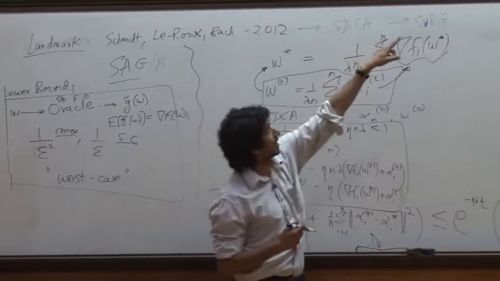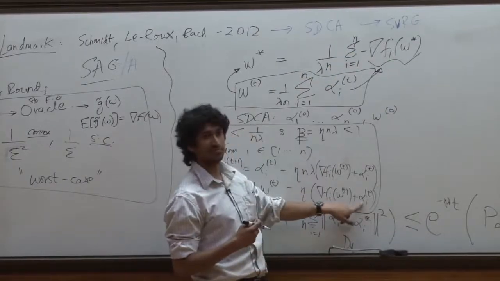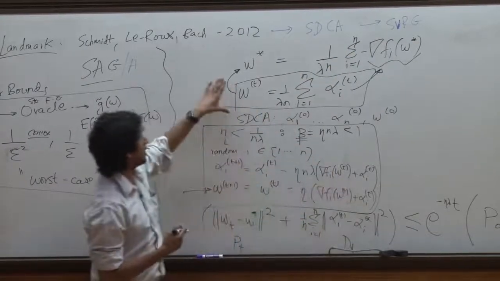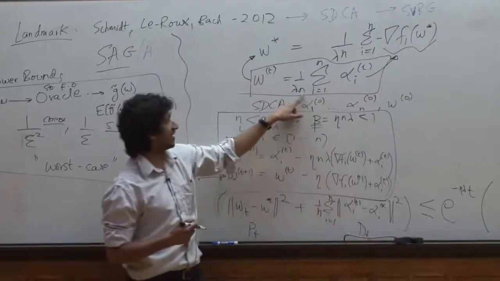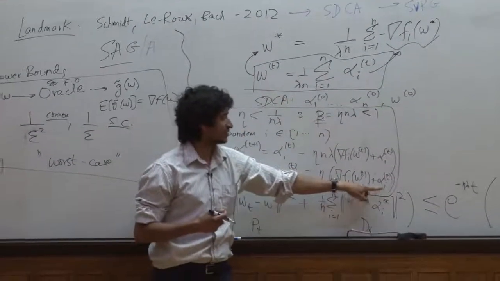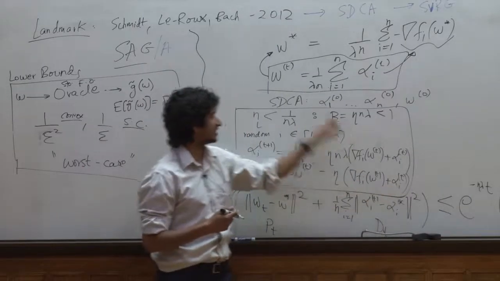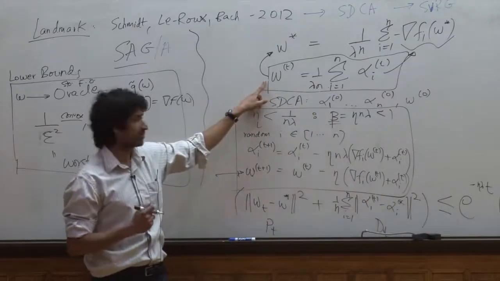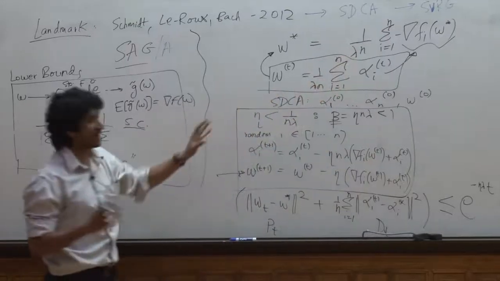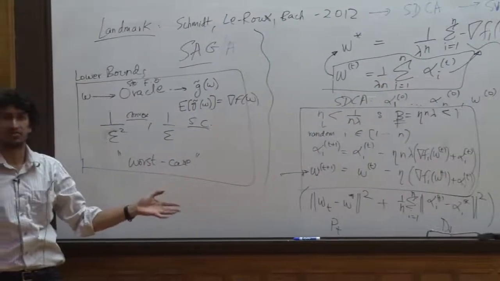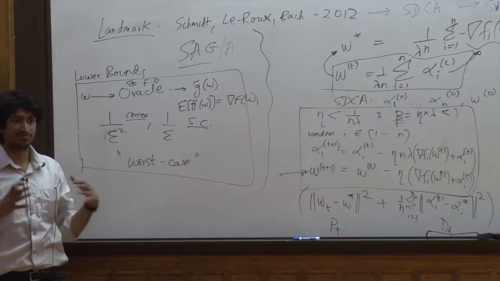So I actually get back lambda times Wt, which is the second term, because at every step I'm maintaining that lambda times Wt is the average of all the alpha i's. So I get the first term of the gradient up there and the second term of the gradient up there. So it is an unbiased estimator of the gradient. Okay, so pretty straightforward.